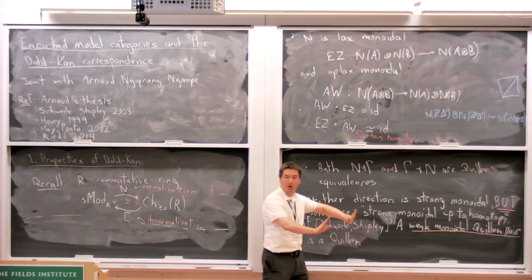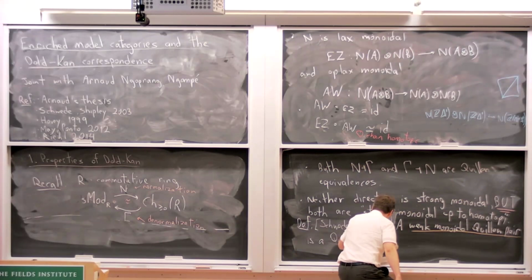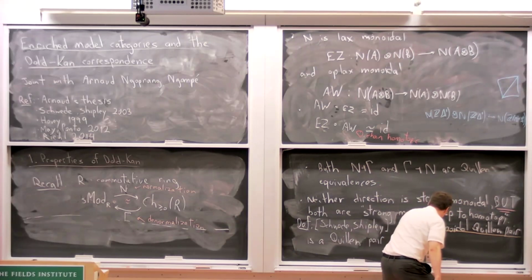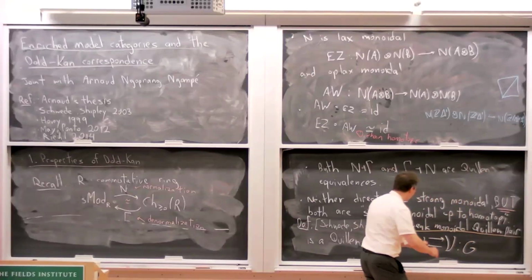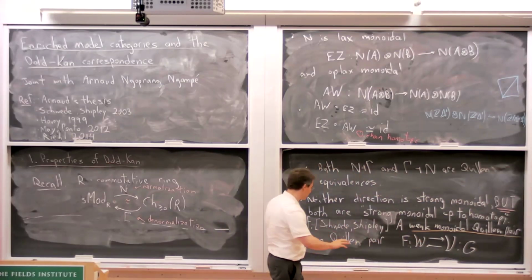And I'll use the same generic notation for the rest of my talk. So let's just call the adjoints F and G. And for reasons I'll explain in a second, I'll denote the categories script W and script V. And I want both of them to be monoidal model categories. I'll recall what that means in a minute, but just bear with me.